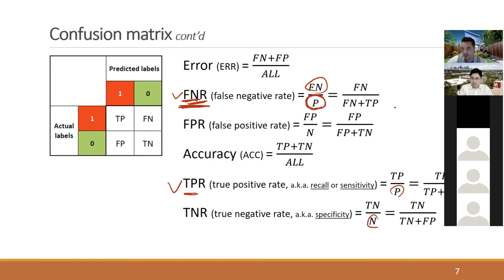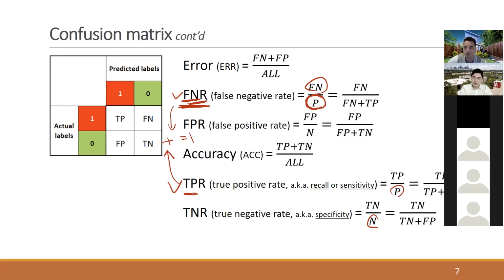So the false negative rate has the false negative on top, but the true positive rate has the true positive on top. If you add them together, they become one. They are complementary to each other.